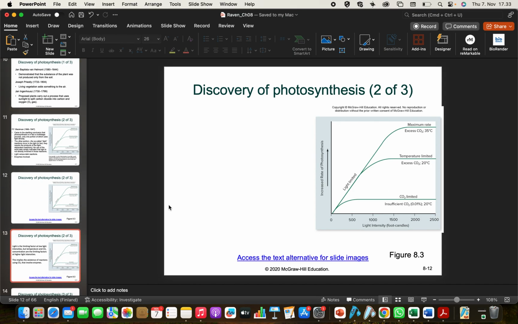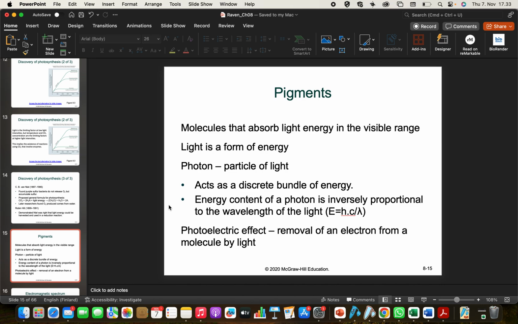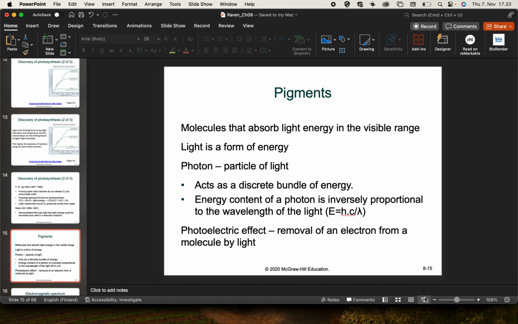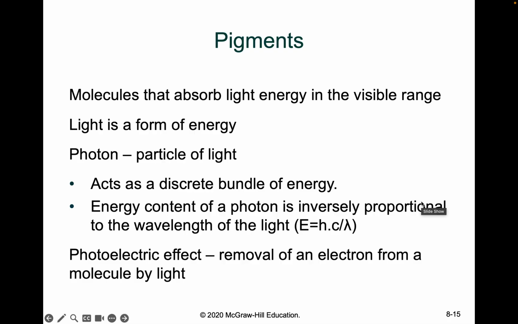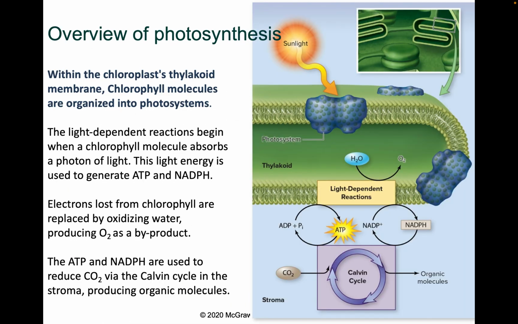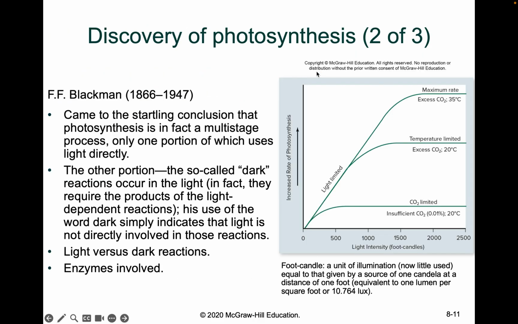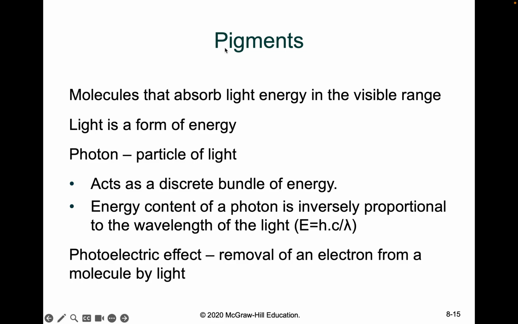So now I'm going to go back here into pigments. Remember, guys, what I was saying about the first reaction: we need sunlight. We need the energy from sunlight, and we have these photosystems to trap it and use the energy. So we need certain objects that are able to capture this light and use it as energy, and these are called pigments.